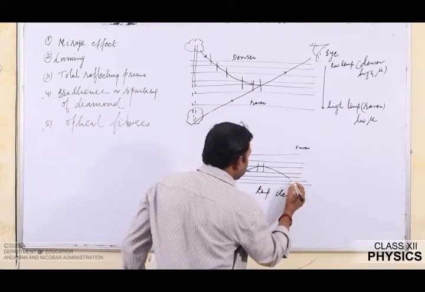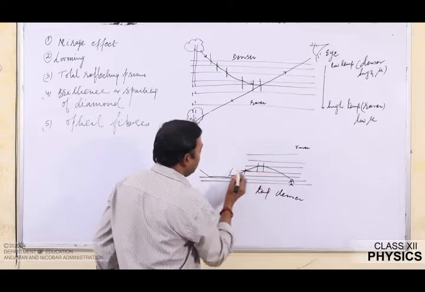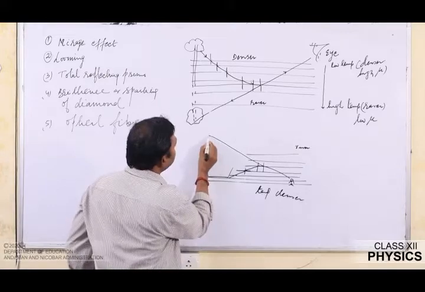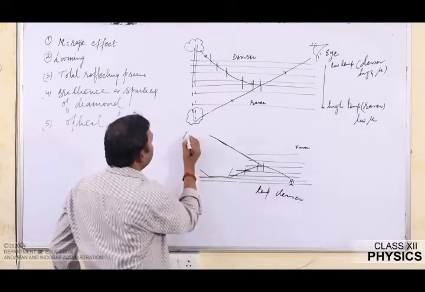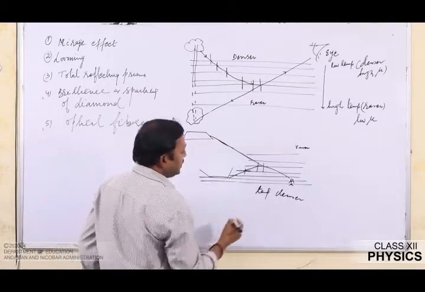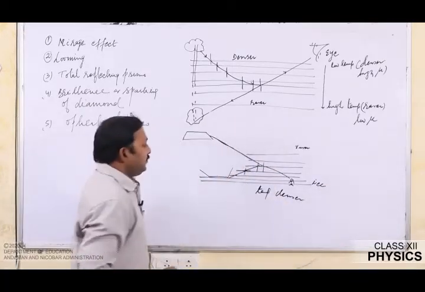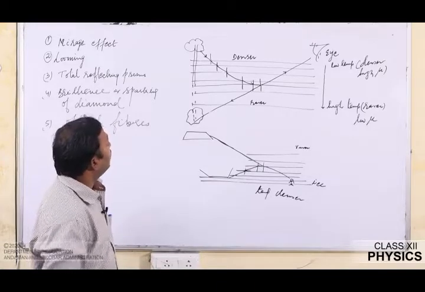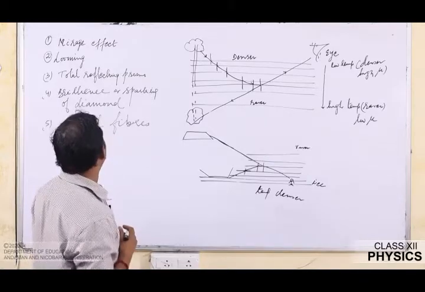If a person is standing in the denser medium, along his line of sight he will see the image of the ship somewhere here, which appears to be an inverted image of the ship present in the icy region. This effect is said to be looming. Looming again depends upon total internal reflection. It is based on the principle of total internal reflection.